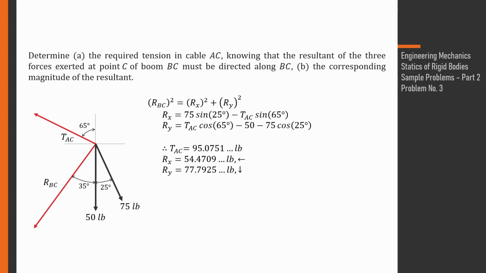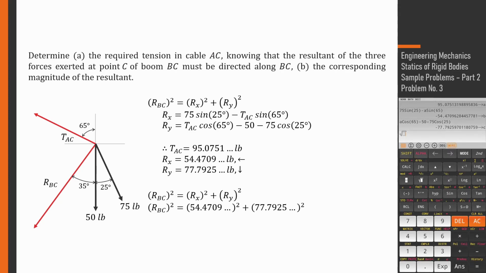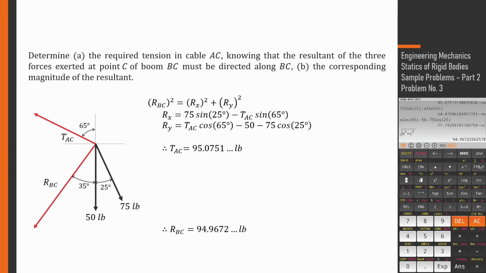So we can get the magnitude of the resultant directed along BC. Substitute the components, 54.4709 squared plus 77.7925 squared, so square root of B squared plus C squared. So therefore, the resultant directed along member BC is 94.9672 and so on pounds.